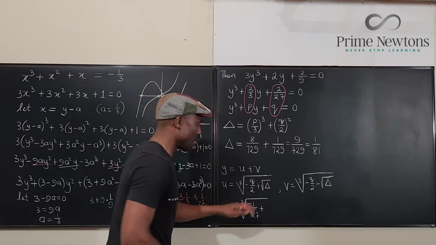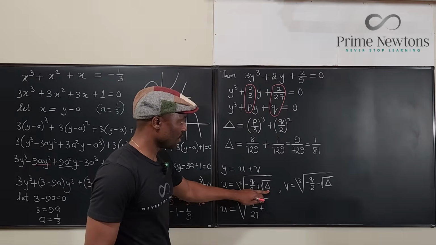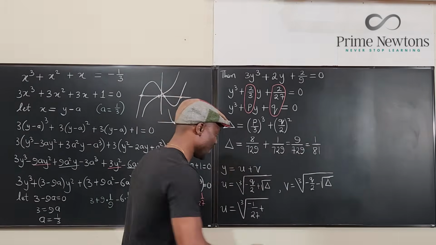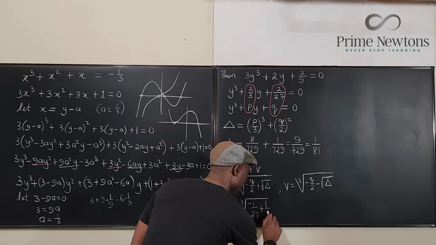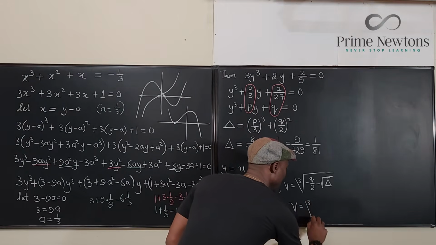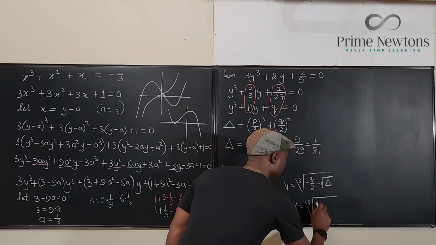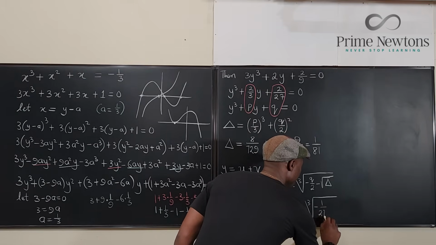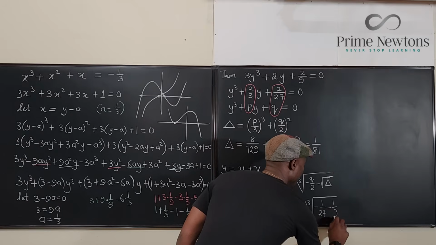Plus, the square root of the discriminant is 1 over 9. That's the square root of this. So it's just 1 over 9. The same thing, v equals the cube root of negative 1 over 27 minus 1 over 9.